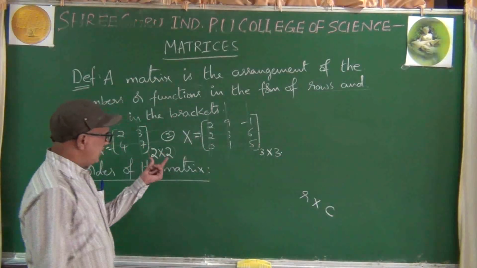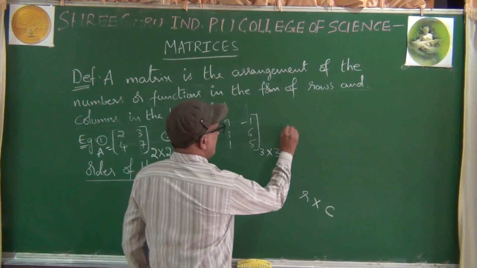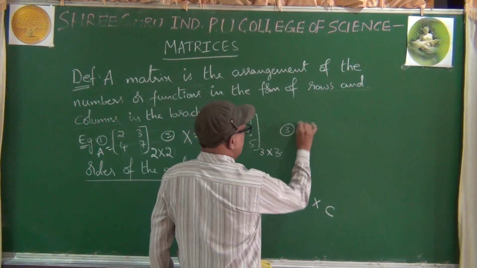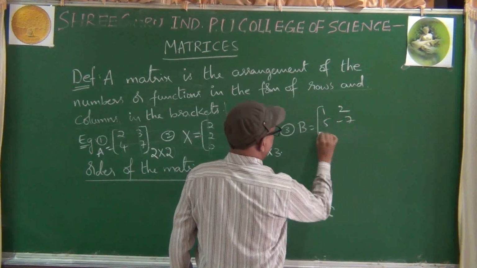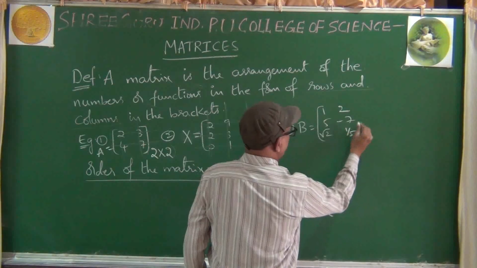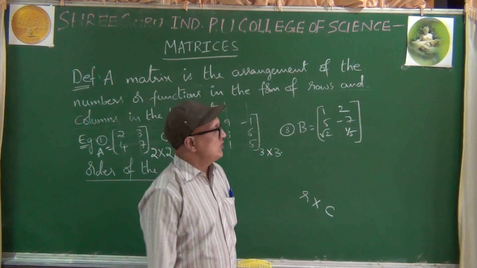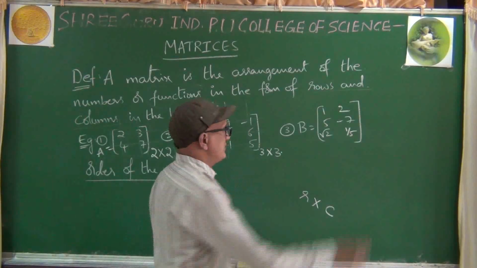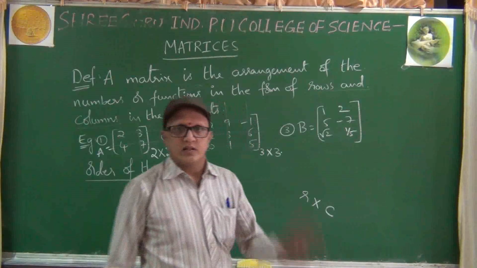Sir, definitely rows and columns will be the same? No. Let us see one more example. Capital B equals, the matrix may be like this also. Now let us see how many rows are there. First row, second row, third row. 3 rows are there.